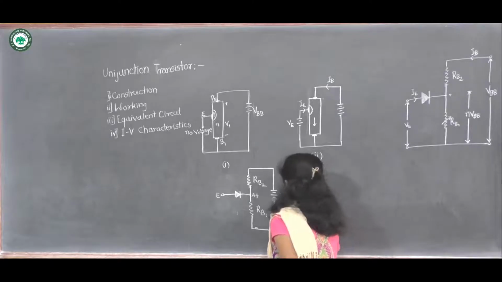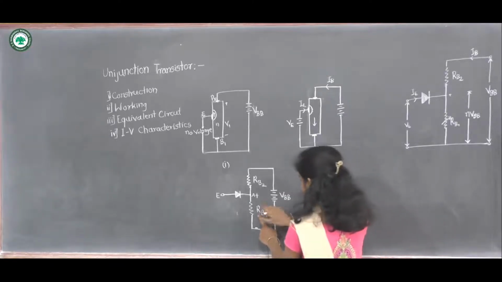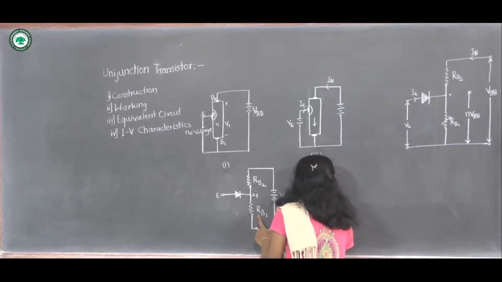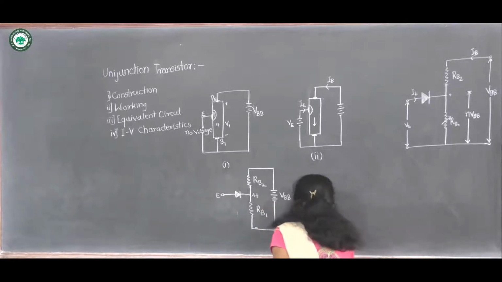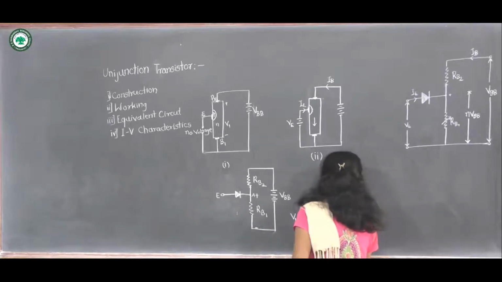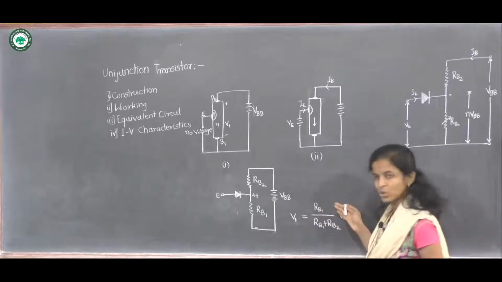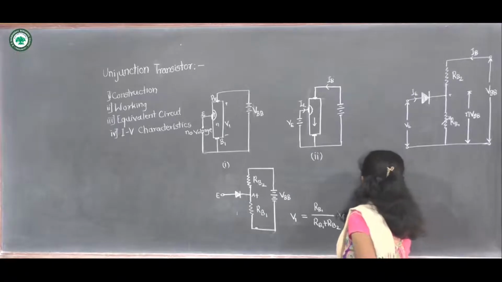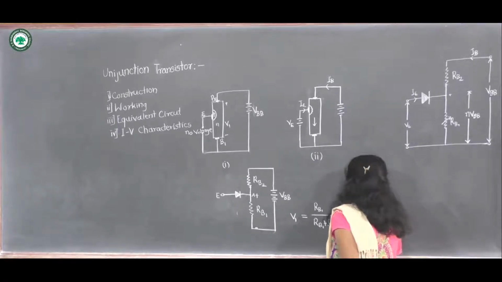then it may be given as the resistance RB1 divided by the total resistance, that is RB1 plus RB2, into this potential VBB. This ratio, RB1 by RB1 plus RB2, is nothing but eta.